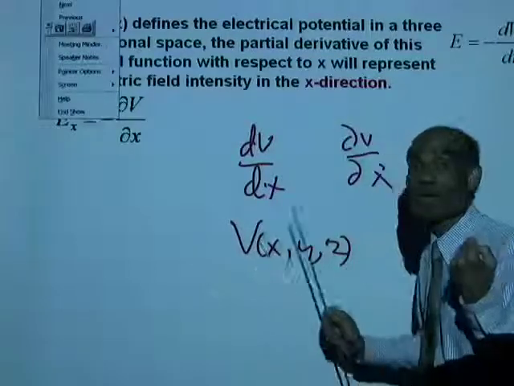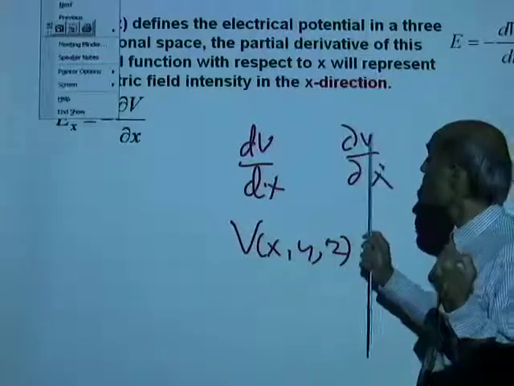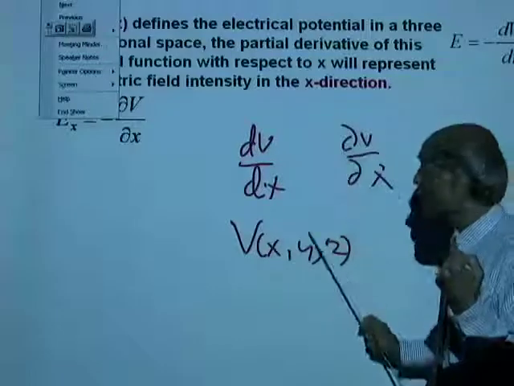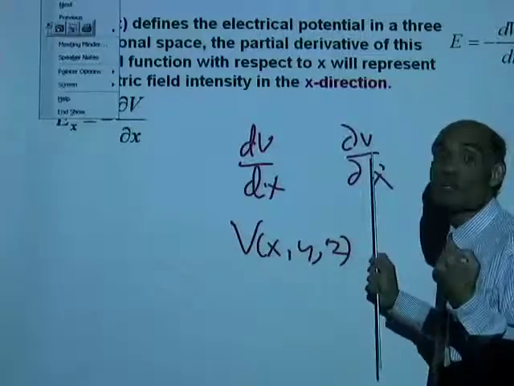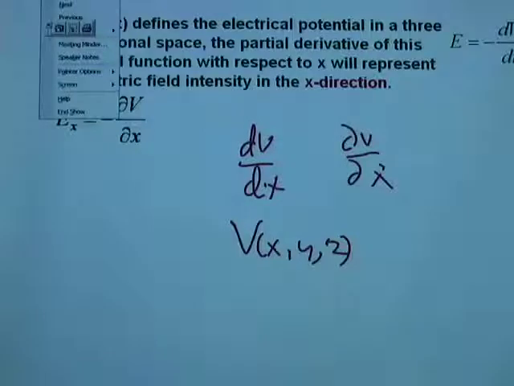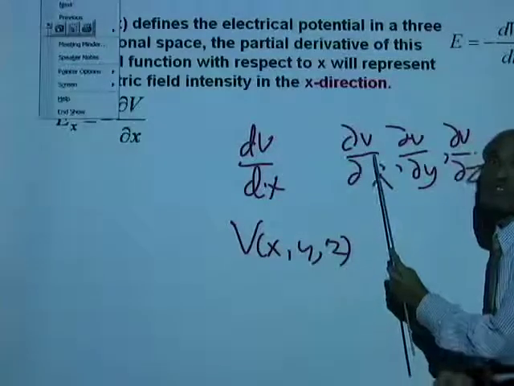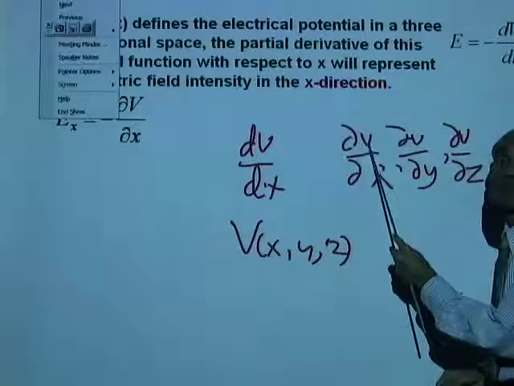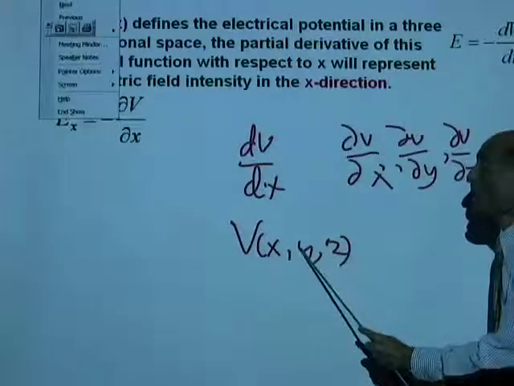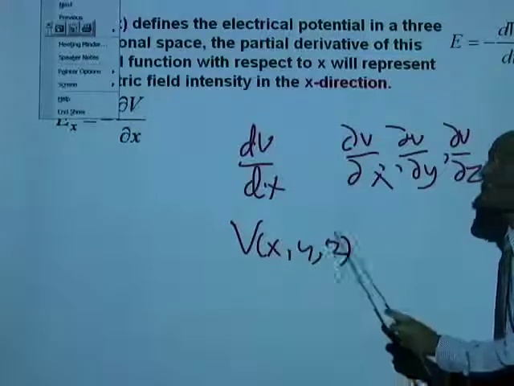In the same way, the partial derivative of V with respect to y will be del V by del y. So I can have partial derivatives del V by del y and del V by del z. So del V by del x is the derivative of V with respect to x when y and z are constant.